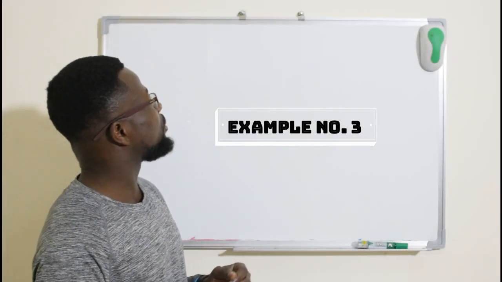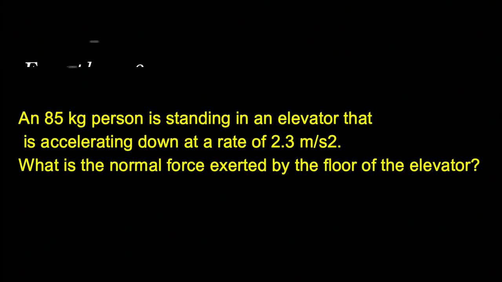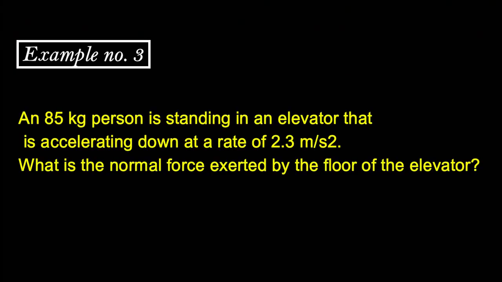All right. Okay, let's look at example number 3. Example 3 says an 85 kg person is standing in an elevator that is accelerating down at a rate of 2.3 meters per second squared.